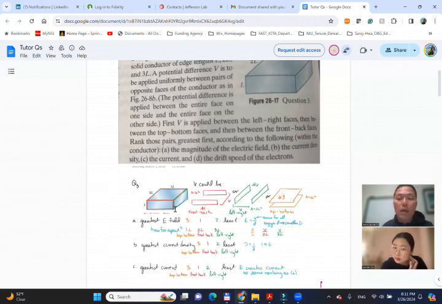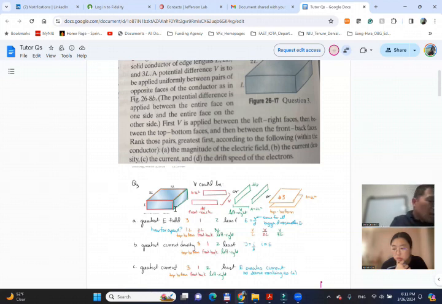I think that's a better way to solve this rather than using the electric field configuration, because now you're dealing with a conductor, not a capacitor, right? There's a constant current along the conductor.